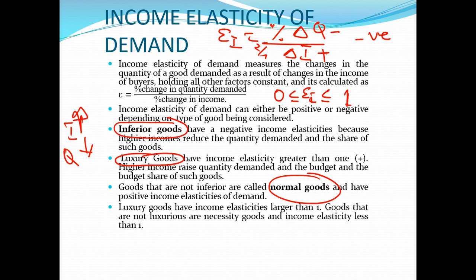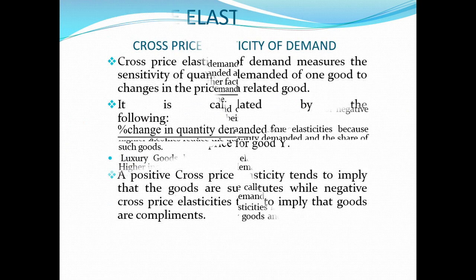But if it goes beyond 1 on the positive side, then you are dealing with a luxury good. And if it's negative, then you're dealing with an inferior good.